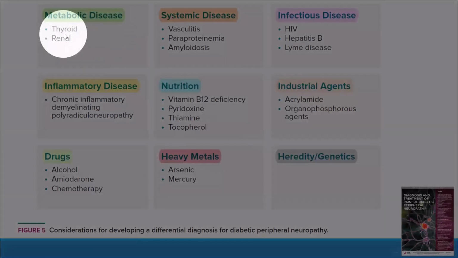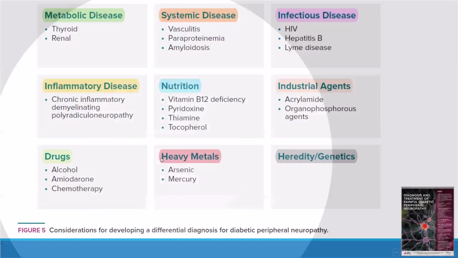Hypothyroidism can cause a picture like this: uremia, vasculitis, amyloidosis, infectious disease like hepatitis B, Lyme, HIV, inflammatory disease, nutritional deficiency like vitamin B12, pyridoxine, thiamine, drugs like alcohol, amiodarone, chemotherapy, some heavy metal toxicity like arsenic, mercury, and hereditary or genetic disorders causing peripheral neuropathy.